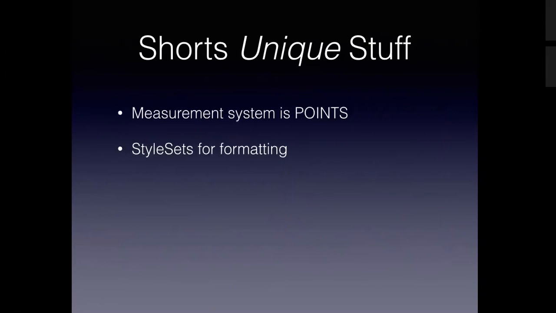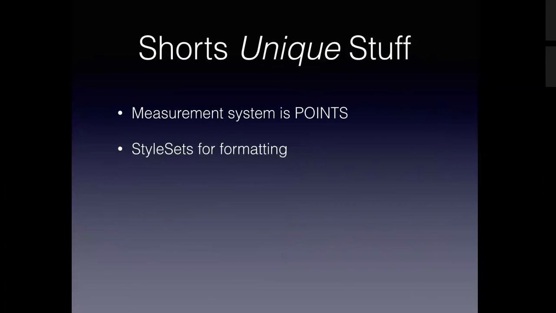So the style sets, we use style sets for formatting. And if you've worked with Web Edition at all, you will understand the whole thing for styles. So rather than do an individual style for every item, we come up with a style set.